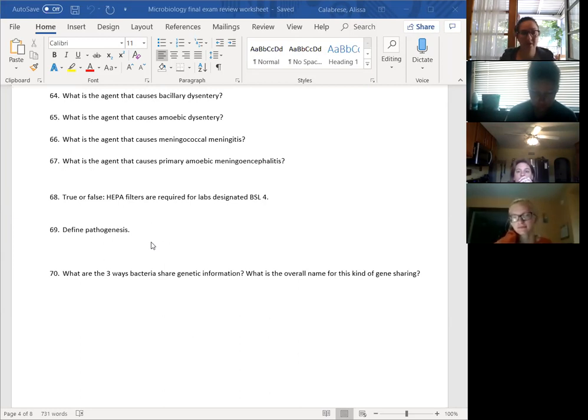So we can have species that are good, normal microbiome species, transfer genes for antibiotic resistance to pathogens, right? So that's not great. All right, so that's conjugation.